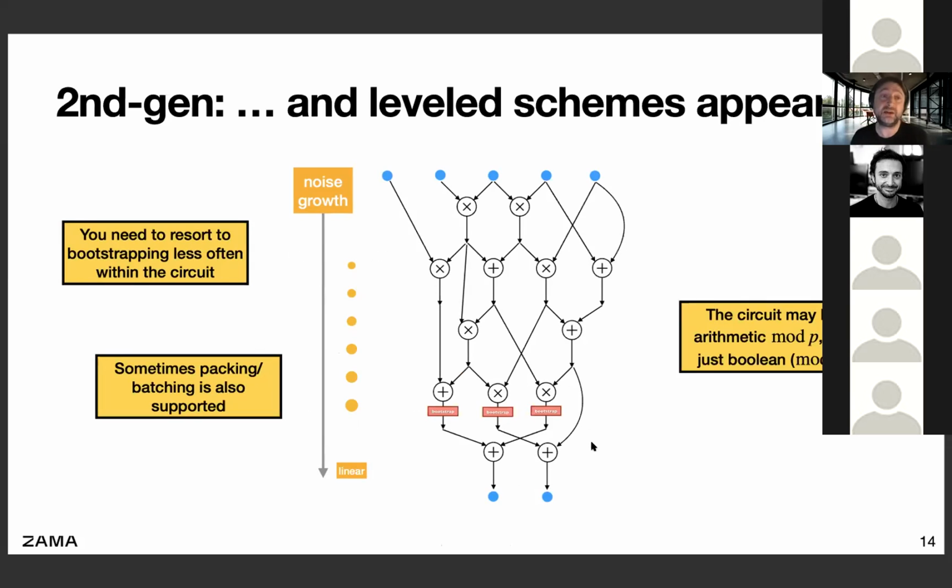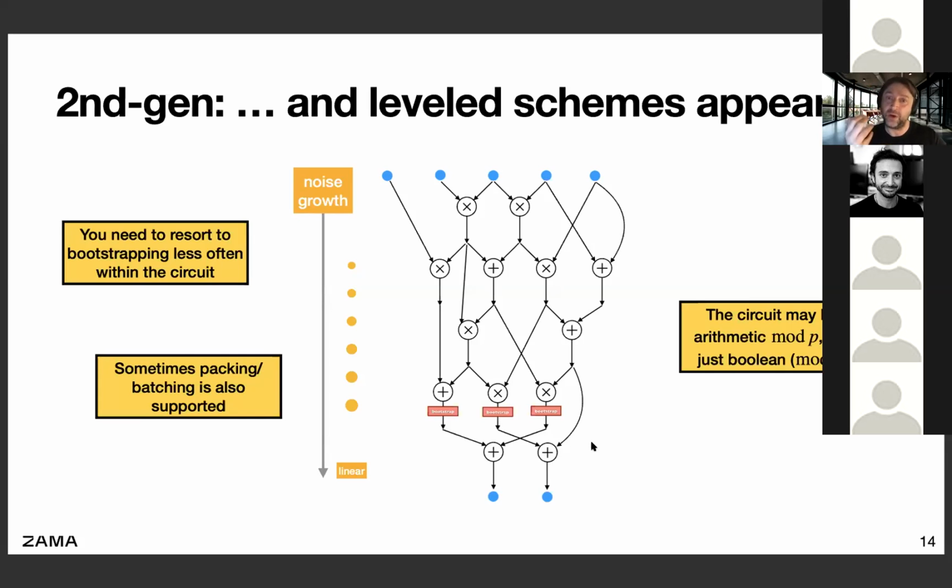And at the same time, second generation schemes introduced the notion of packing, or batching, meaning you can have multiple plaintext slots and execute the same Boolean circuit in parallel over all these slots at once. So there again, it was a definite improvement.